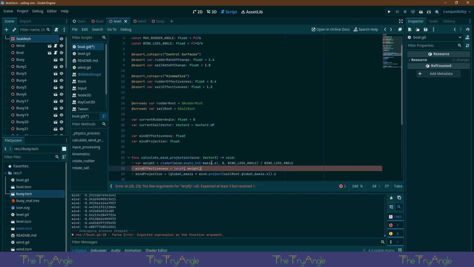But we don't want to max it out. So let's see. Wind loss angle minus. Yes. It's all coming together. Oh, that seems so much. No, that feels weird.